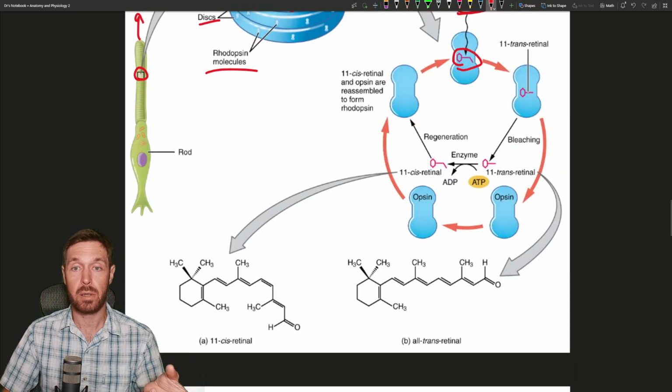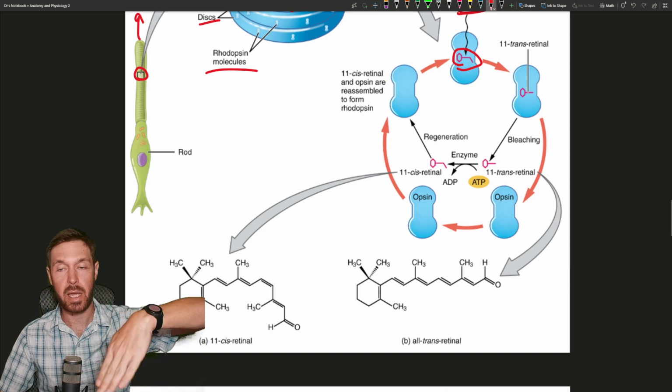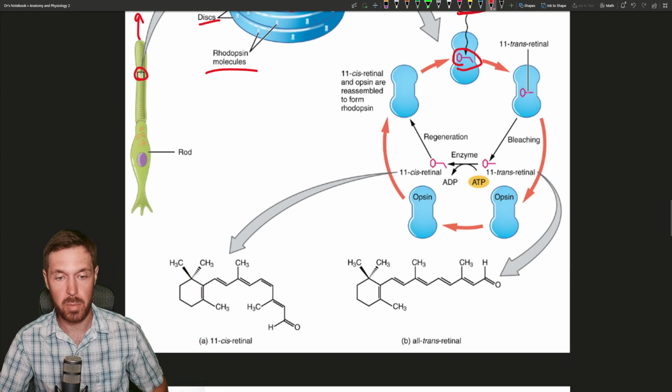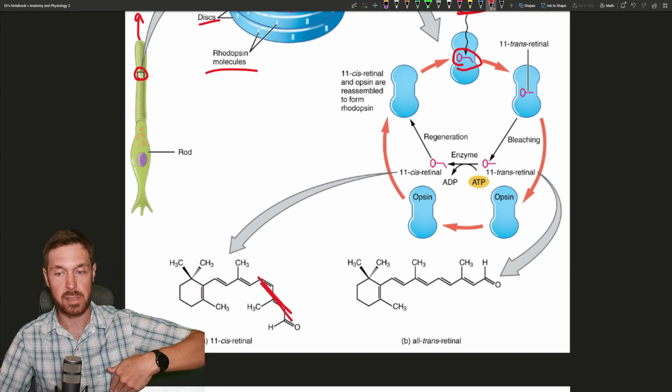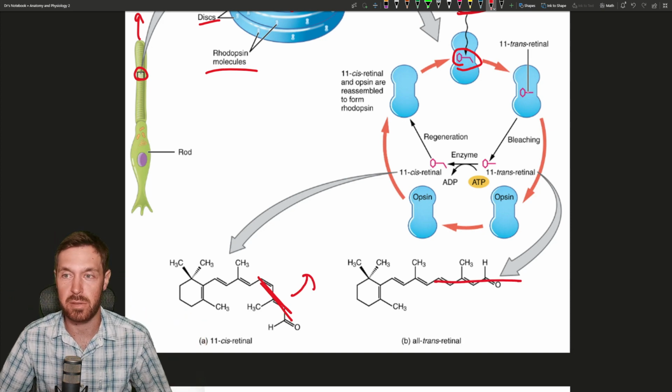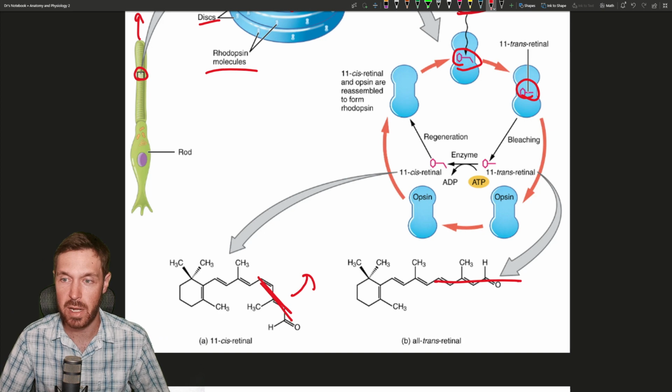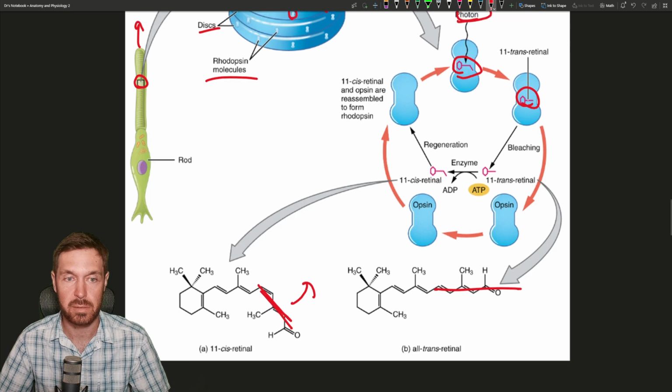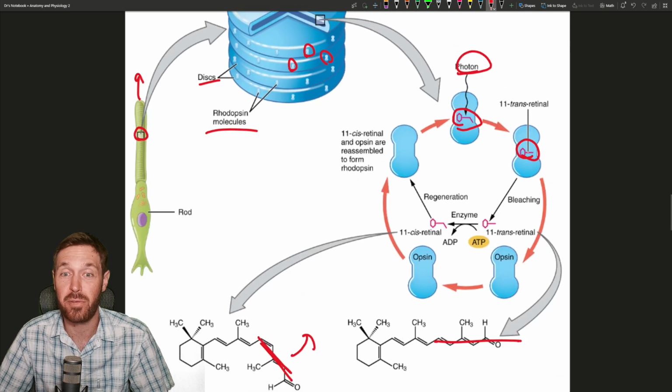Well, basically what happens is when light hits, this arm right here goes from bent and goes straight. That's all it does. It goes from 11-cis to 11-trans. And when it does that, it causes a signal to be sent. And that's phototransduction.